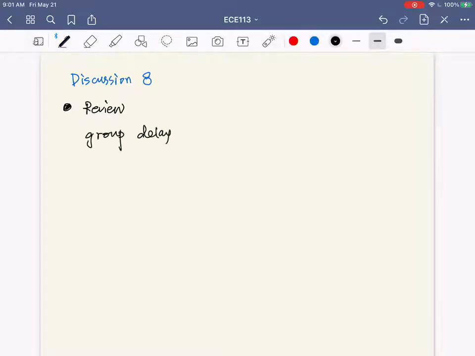So group delay and phase delay. They're just different names for the equations, and we need to remember that the group delay is basically the differentiation of our phase response with respect to omega, right? And we have a negative sign here.